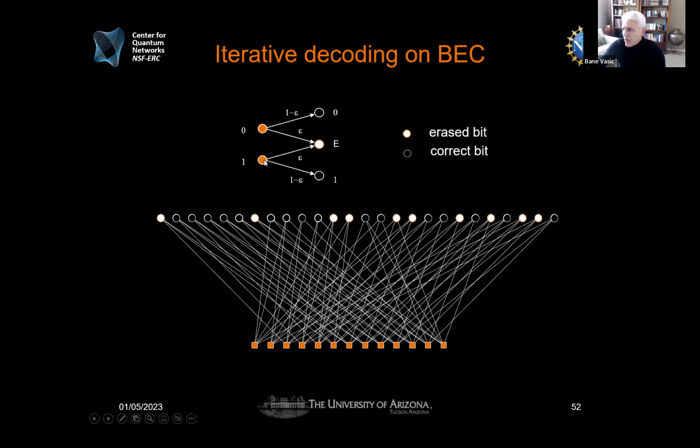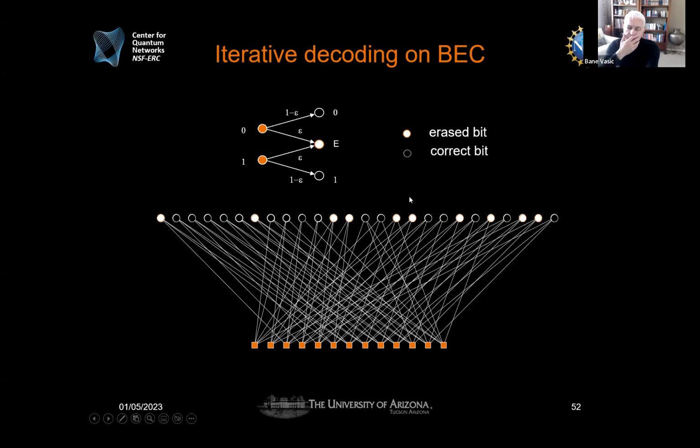So I transmit 0 and 1, and then I receive either 0 or 1 or an erasure. The bits that are correct, it doesn't matter whether they are 0 or 1, so I will denote them by these black squares. And erased bits, I will denote by white squares.